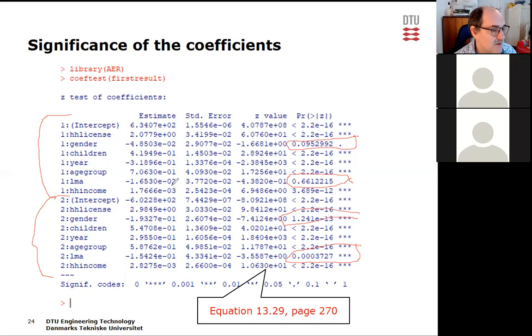This is the smallest. This is the next smallest. So gender is the 3rd smallest coefficient up here.